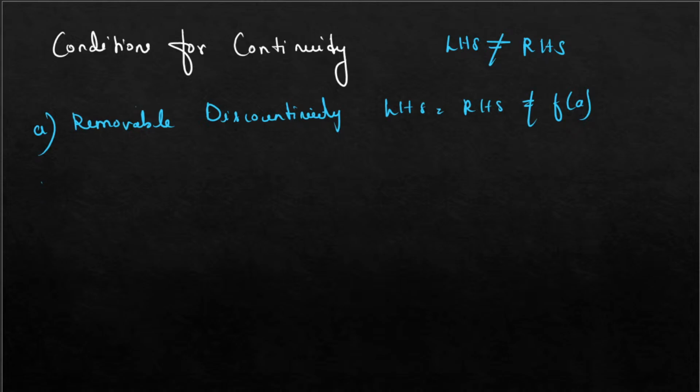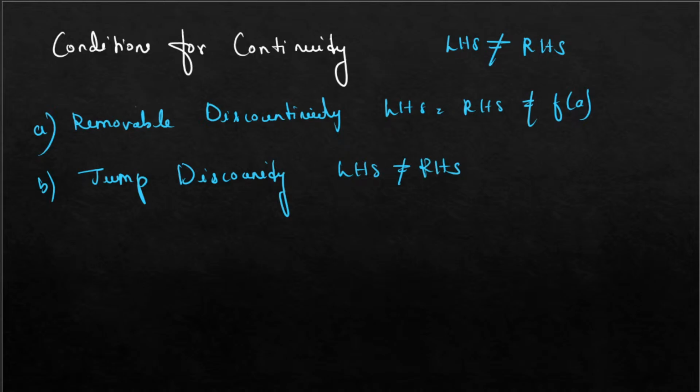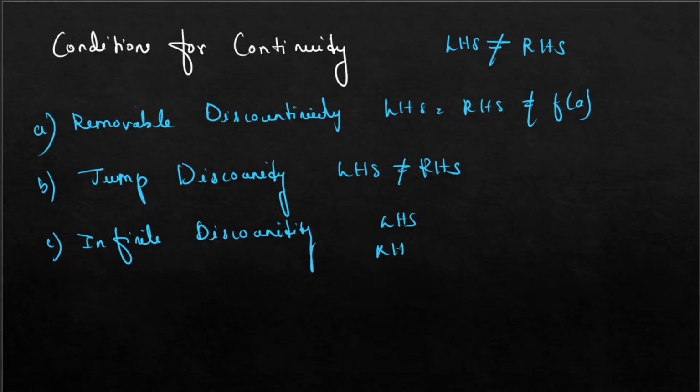After that, B is jump discontinuity, which is LHS not equal to RHS. After that, C is infinite discontinuity, which is when LHS or RHS is plus or minus infinity.